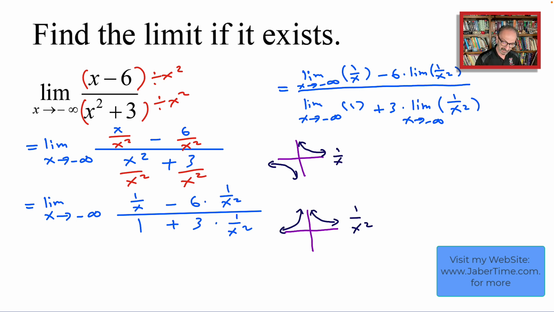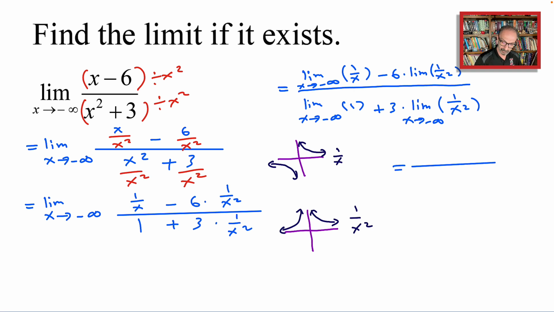Now, understanding the limits of the basic functions 1 over x and 1 over x to the second, we go back to the problem and answer it, which equals 0 minus 6 times 0 over 1 plus 3 times 0.